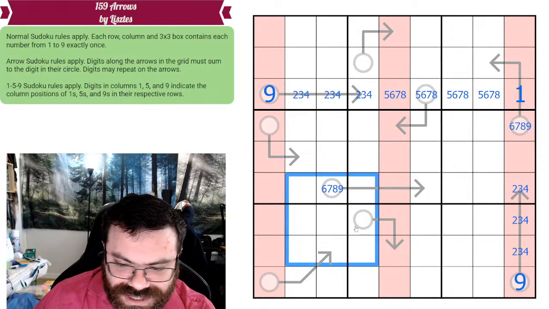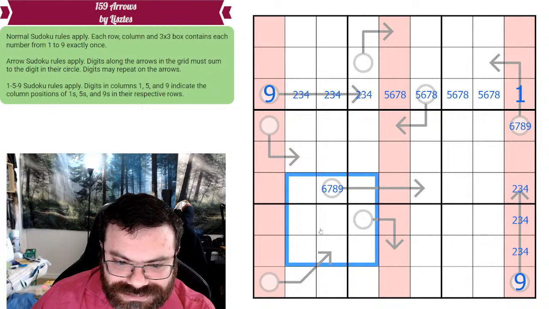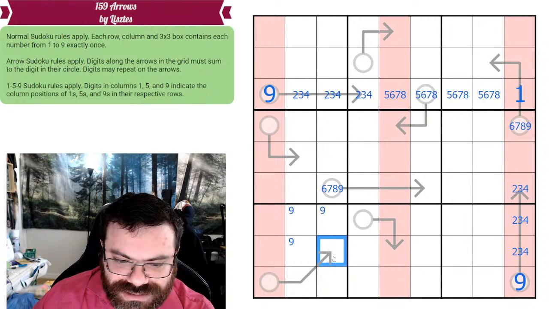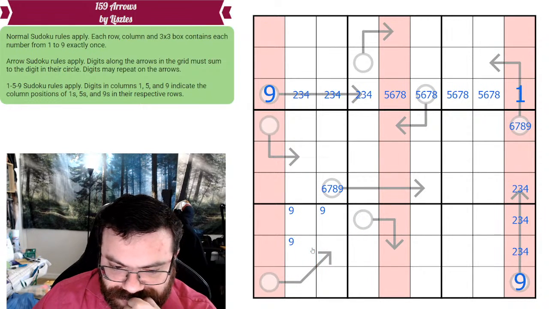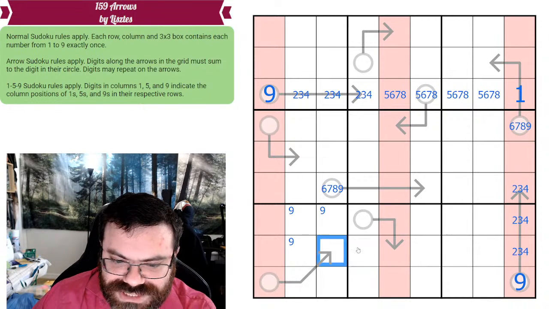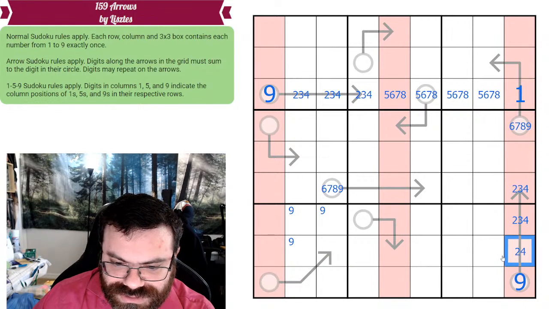Well, actually, we know from the box that a 9 is in here. It's not on an arrow. So this can't be a 3. Let's put it that way.